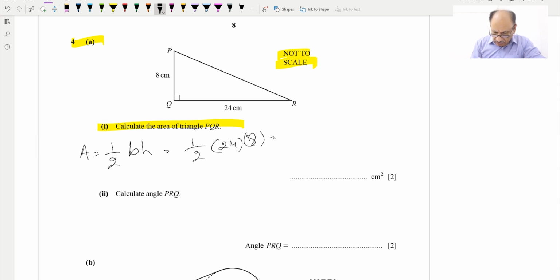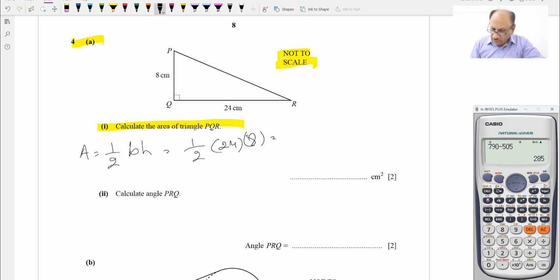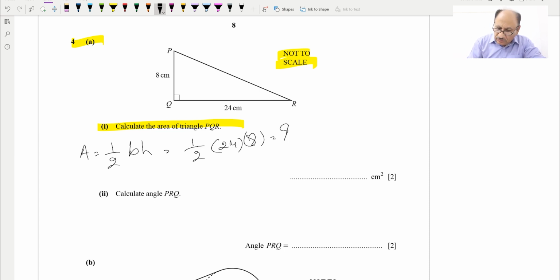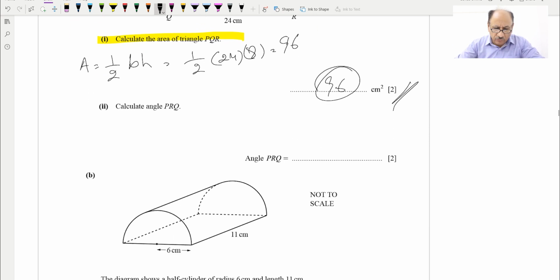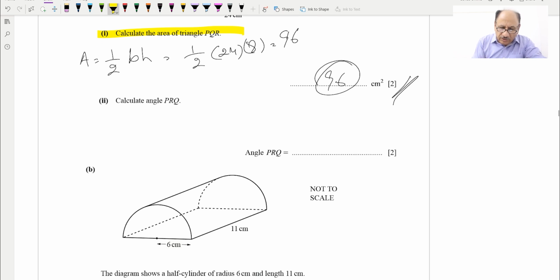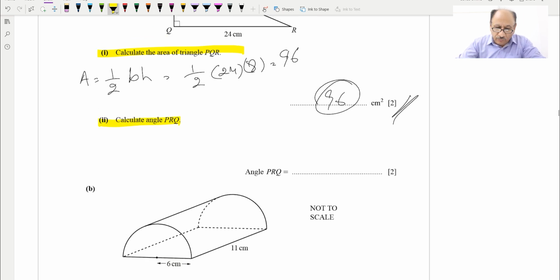So 0.5 into 24 into 8 will be giving us 96. So 96 centimeter square will be the final answer for 2 marks. Hopefully you got this. Now calculate angle PRQ.